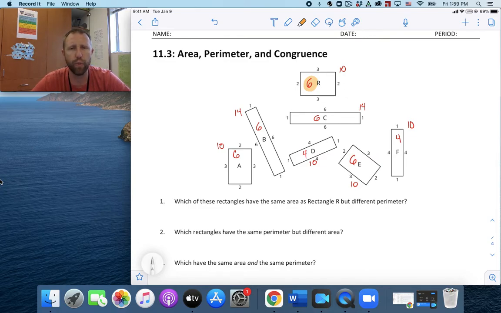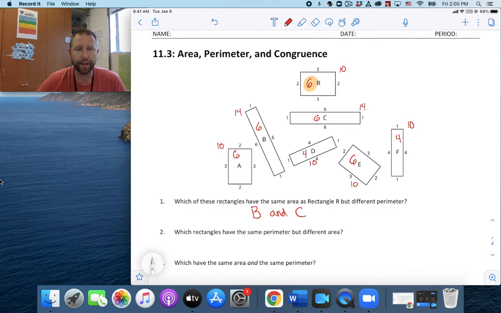So I want to see which ones have an area of 6, but a perimeter that's not equal to 10. And when I look down through here, I can see that that is rectangles B and C, right? Because B has that area of 6, C has that area of 6, but they both have perimeters of 14, not 10.